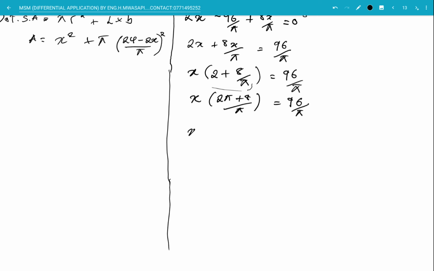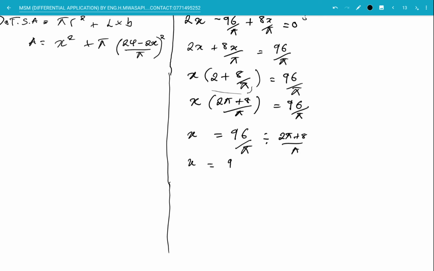So when we do that, x is going to be equal to 96 over pi divided by (2 pi plus 8) over pi. We all know that the denominator is going to become the numerator, so 96 over pi times pi over (2 pi plus 8). The pi and the pi are going to cancel out, and then we're going to remain with 96 over (2 pi plus 8) as our x value.